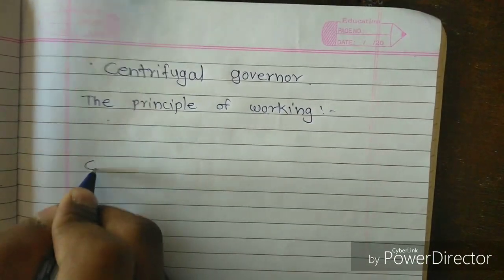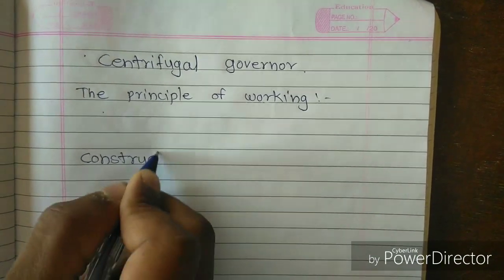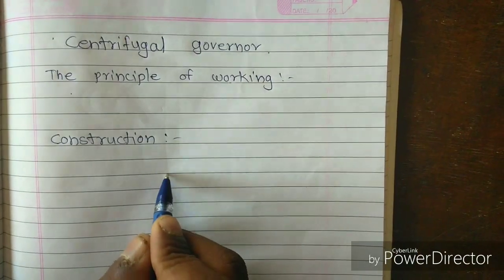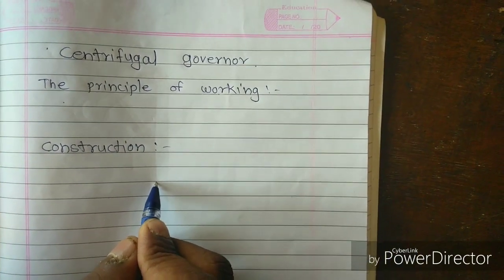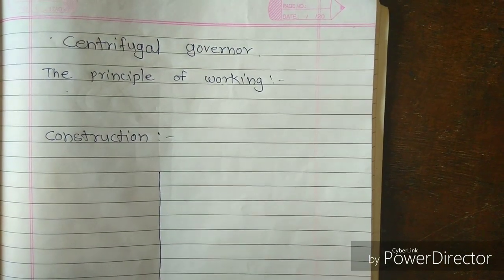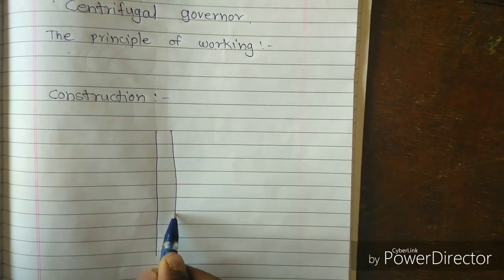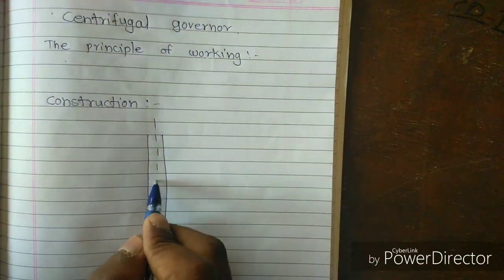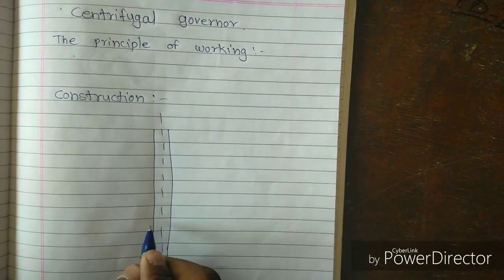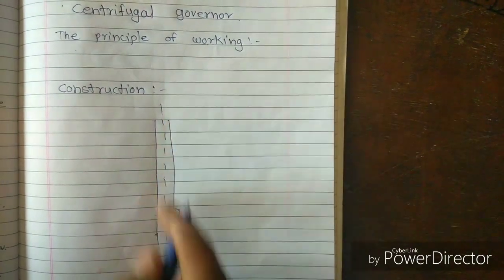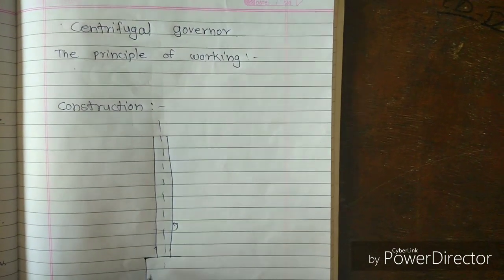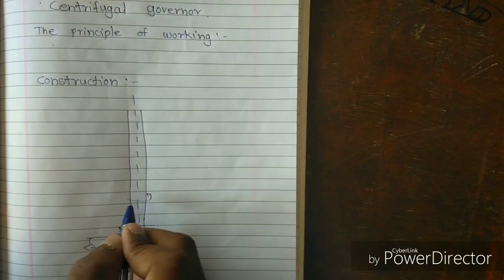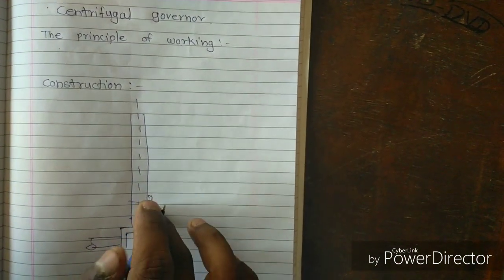Now we will learn the construction of centrifugal governor. The construction of centrifugal governor consists of the central spindle, which is rotated along its axis, and this central spindle is connected to this shaft, which gives rotational motion to it.